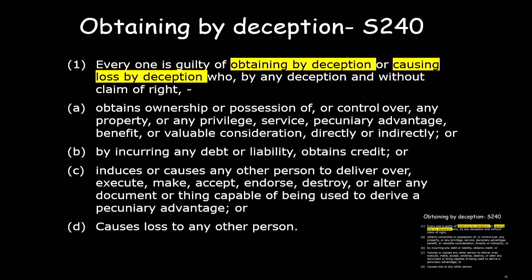And because of the word by, so obtaining by deception and causing loss by deception, there's got to be a causal link between the deception and what is obtained and the deception and what is lost. Okay, so that's inherent in the word by.